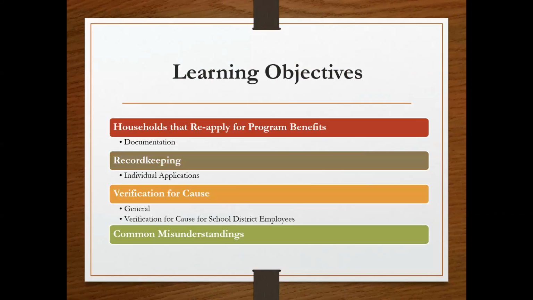And then we will go into households that reapply for program benefits, making sure you keep good records, verification follow-ups, and we'll close with common misunderstandings. All right, so let's get started.